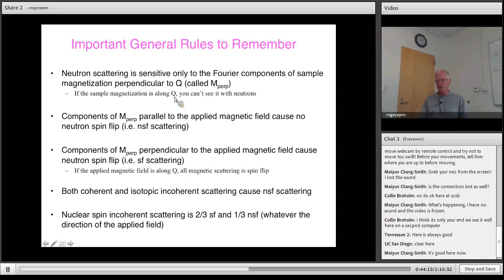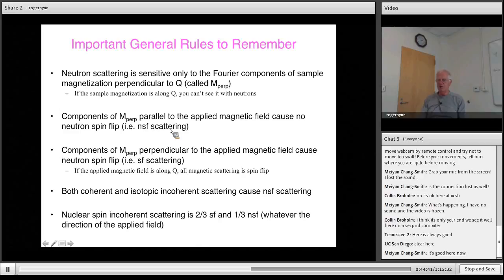So the next piece is that the components of this vector, which are parallel to an applied magnetic field, that means parallel to the z direction, cause no change in the neutron spin state. If the neutron spin state comes in up, it goes out up. Comes in down, it goes out down. So the components of M perpendicular parallel to the applied magnetic field cause non-spin flip scattering.